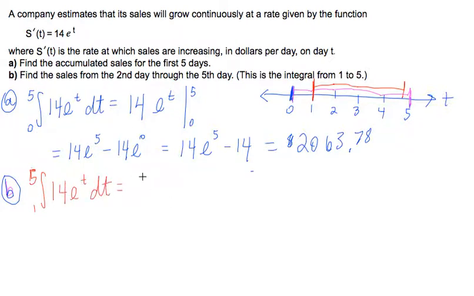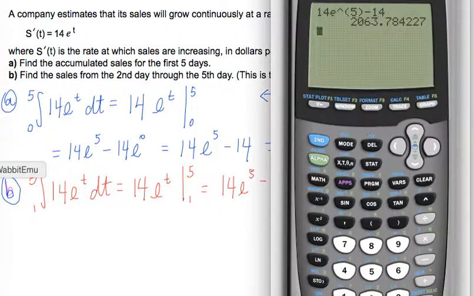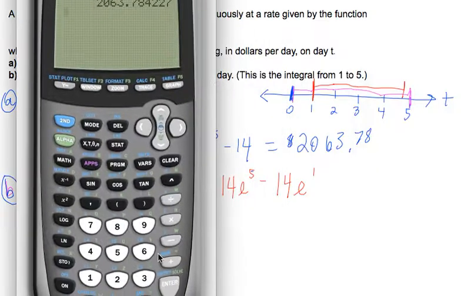So same antiderivative, pull the 14 out. The antiderivative of e to the t is e to the t. Evaluated from 1 to 5 this time, so 14 e to the 5 minus 14 e to the 1st. There's really not a way to simplify that. I mean, you can factor if you want, but we're just going to need to approximate anyway, so we might as well just go to the calculator at this step.